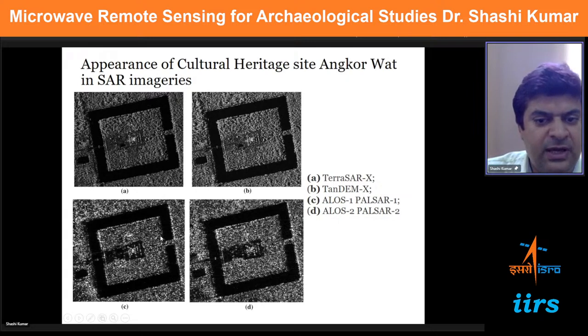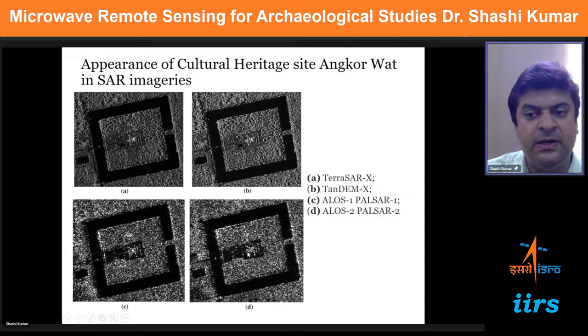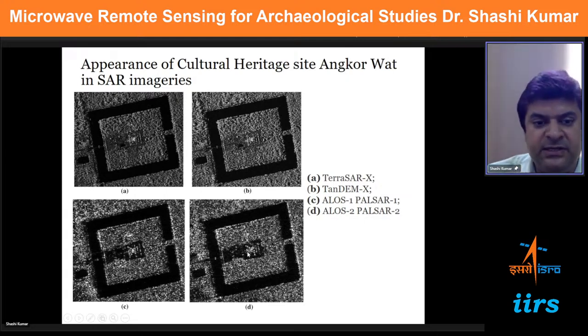Now when we come to ALOS-1 PALSAR-1 and ALOS-2 PALSAR-2, this is the L-band SAR dataset, and the spatial resolution is relatively coarser. So here we are not able to see the exact shape and size of the building because the resolution is coarser.